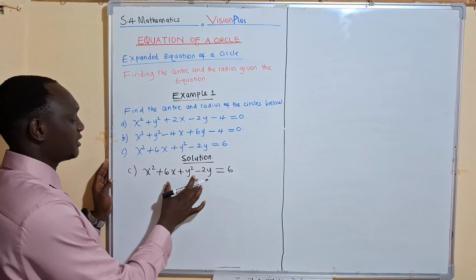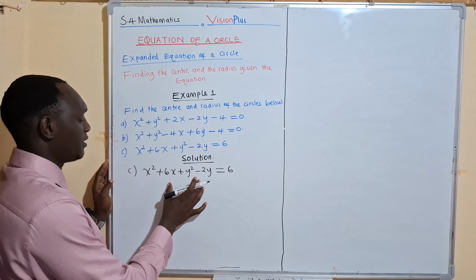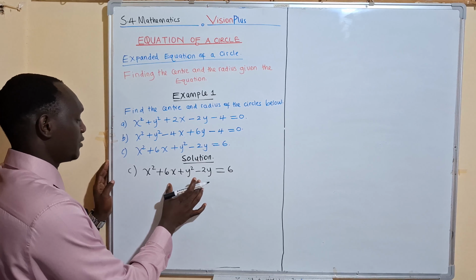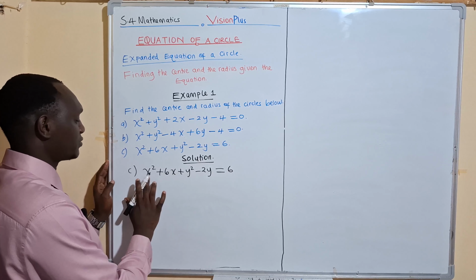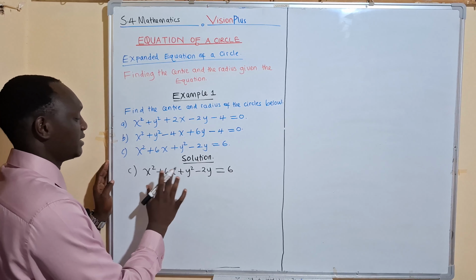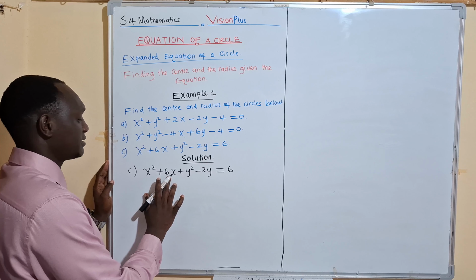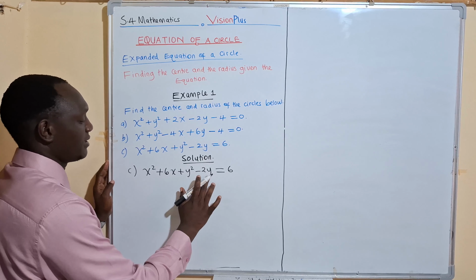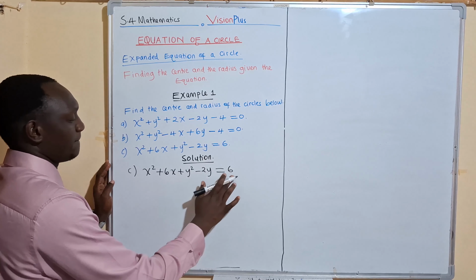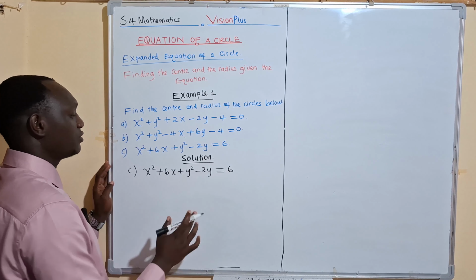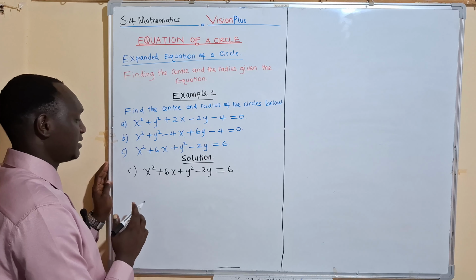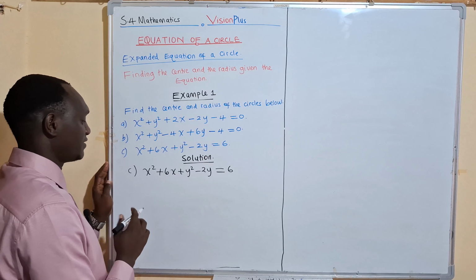So we just simply need to rearrange. Why? Because the equation of the circle is x squared plus y squared, and then a term in x, a term in y, plus c equals 0. But you can see here it is equal to 6. So let us rearrange it to meet the general form of the equation of the circle.